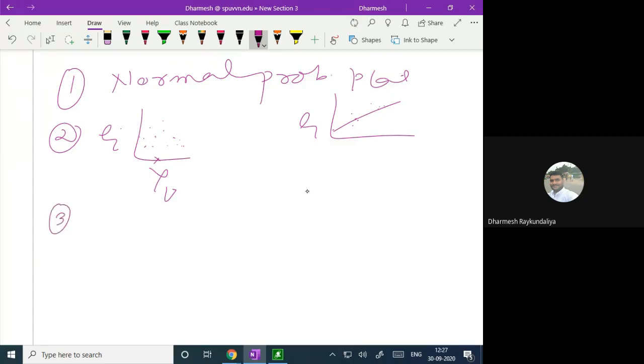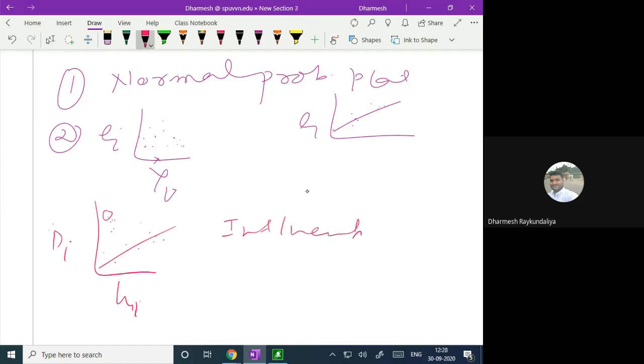Third, you can also calculate the leverage value and make a plot of the Cook's distance D_i versus h_ii, and try to see whether there is any influential point or not. So this is for the influential points.